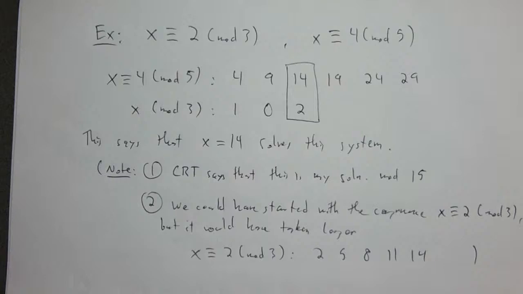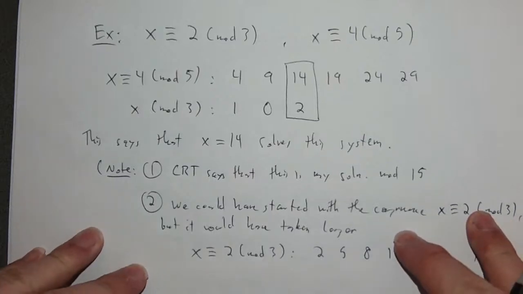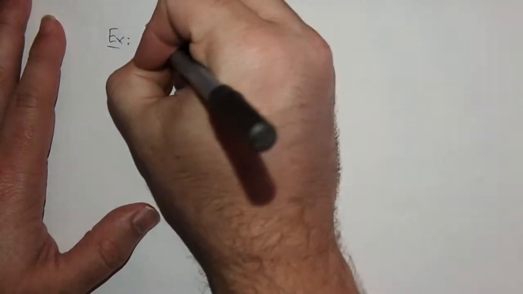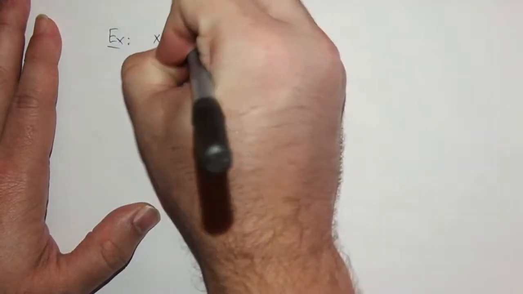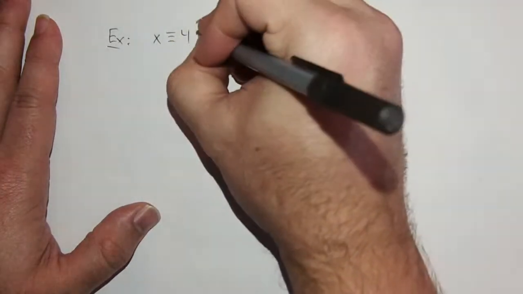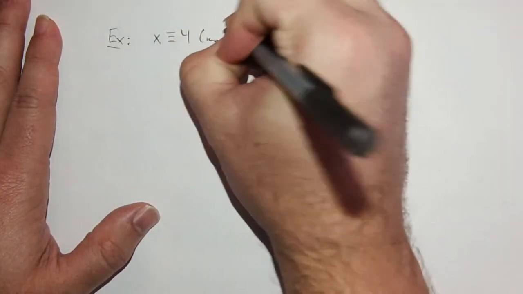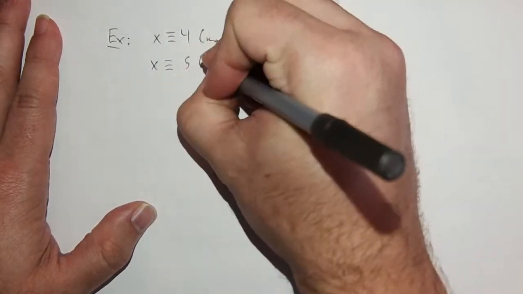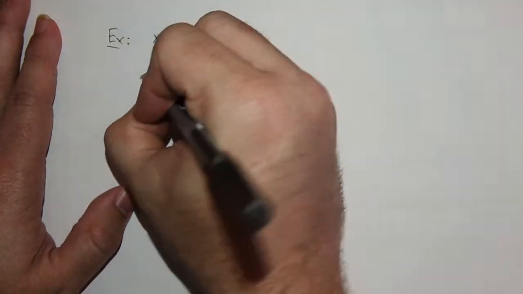Okay, so let's do another example of this where we do 3 congruences instead. Let's say we want to consider the congruences x is congruent to 4 mod 5, 5 mod 7, and 3 mod 11.